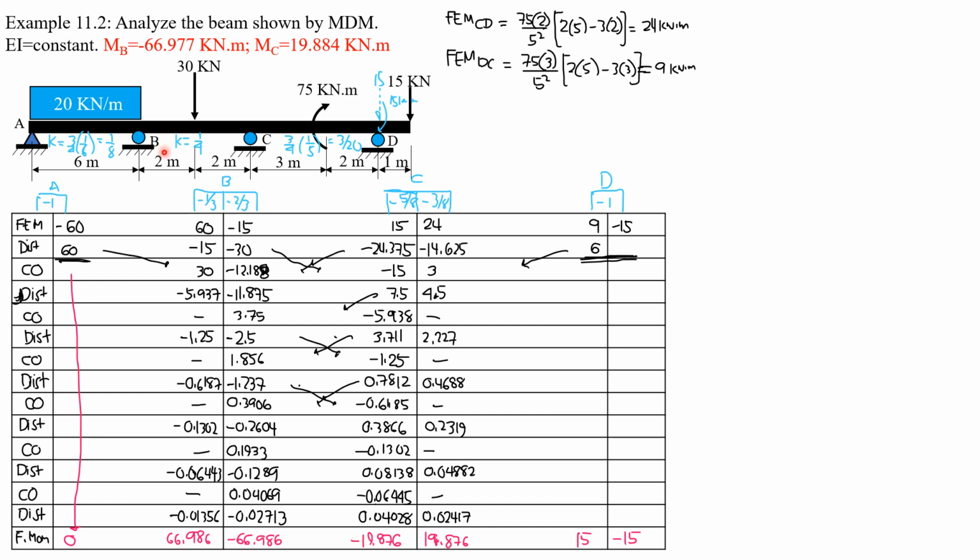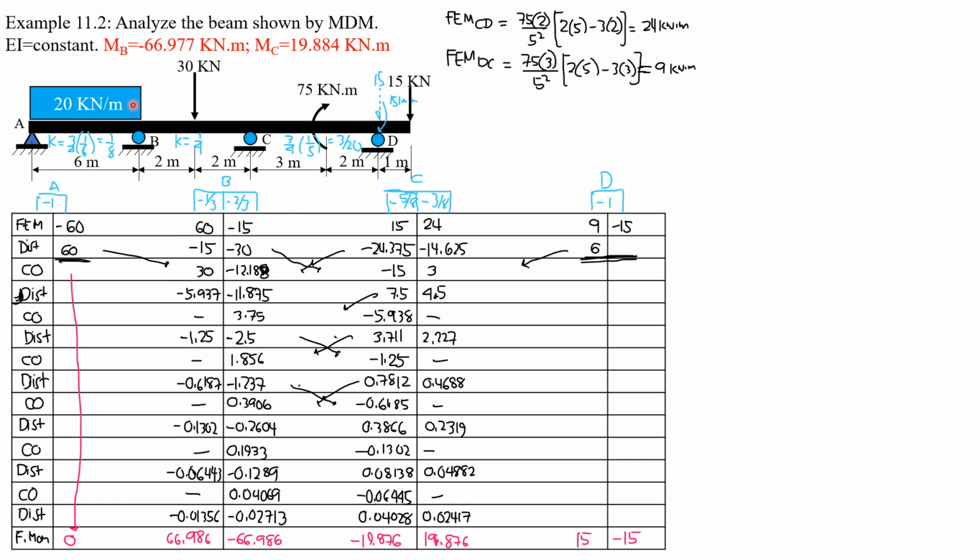Fixed moment AB, I'm not computing it only for CD due to the couple, because there's a formula for that. There's a formula also for uniform load, but it is required that you must be able to recall the formula for fixed moment due to this uniform load. And that is negative WL square over 12, -20 times 6 square over 12, so -60.